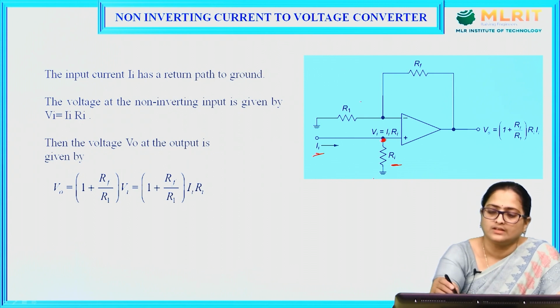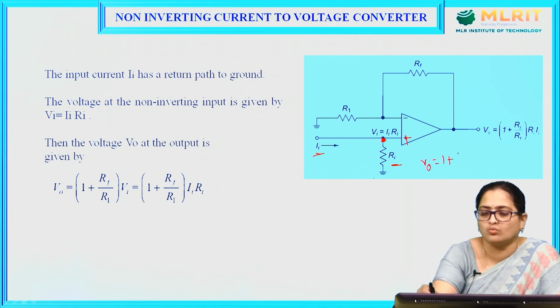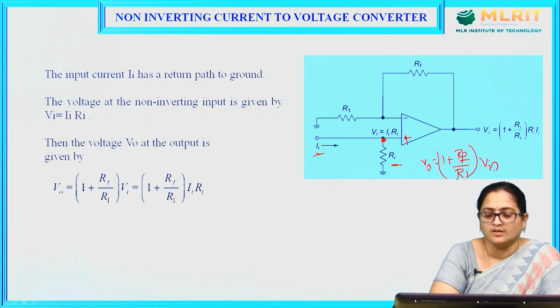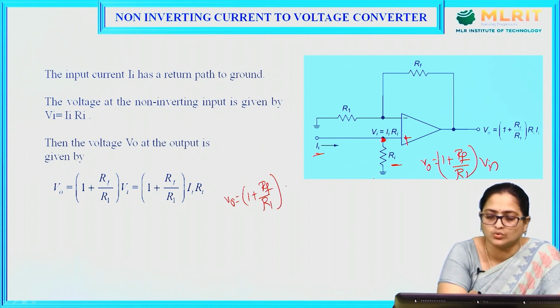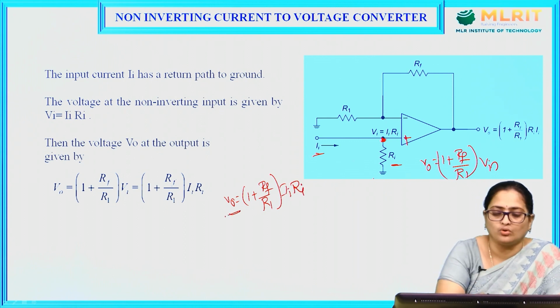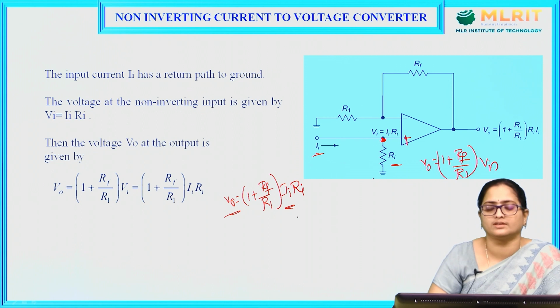As the input voltage is given to the positive, non-inverting terminal, we can write V0 is equal to 1 plus Rf by R1 into Vin, where Vin is II into Ri. So, finally you can write V0 is equal to 1 plus Rf by R1 into II into Ri. That is the output voltage in terms of input current.